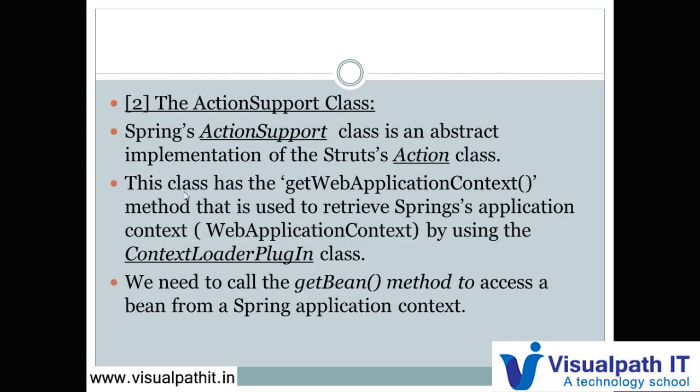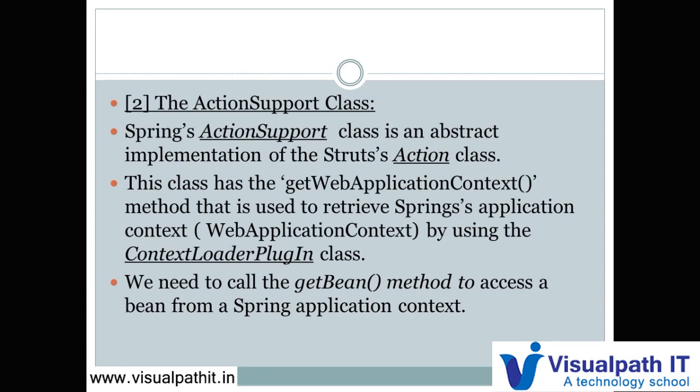Next comes the second important part in the integration of Struts with Spring, that is the ActionSupport class. The ActionSupport class is an abstract implementation of the Struts Action class.